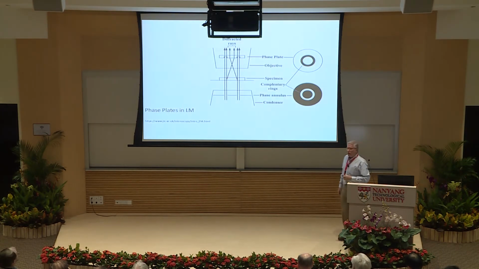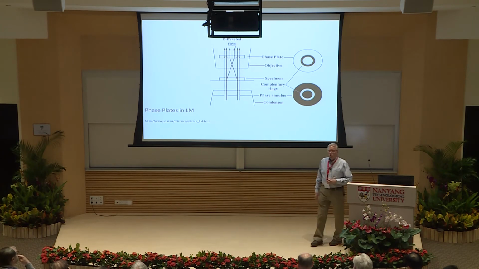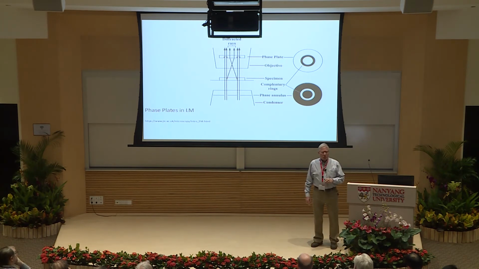The other feature is called phase plates. And this is completely analogous to phase plates in light microscopy. Our problem in imaging is that when we shine a beam of photons or electrons on our specimen, the beam that comes out is changed in amplitude and phase.